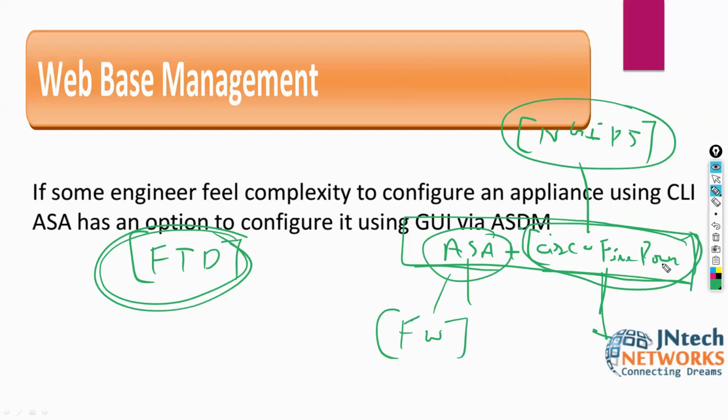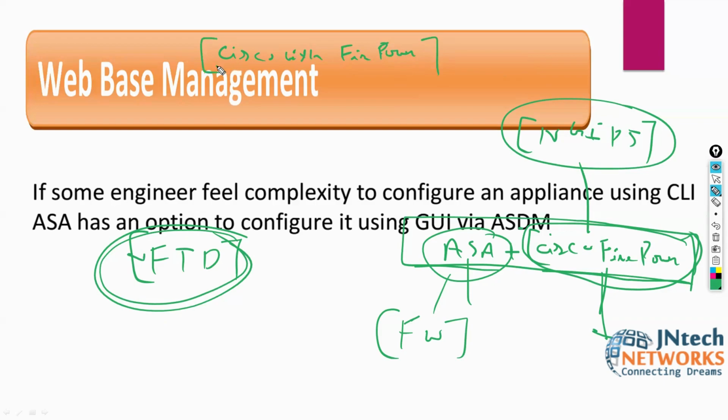Right. Because why I'm asking, we are using some firewalls from the Cisco Firepower series. Yes. See, Cisco provides either a dedicated appliance, or you can go with the Cisco ASA with Firepower service. Okay.